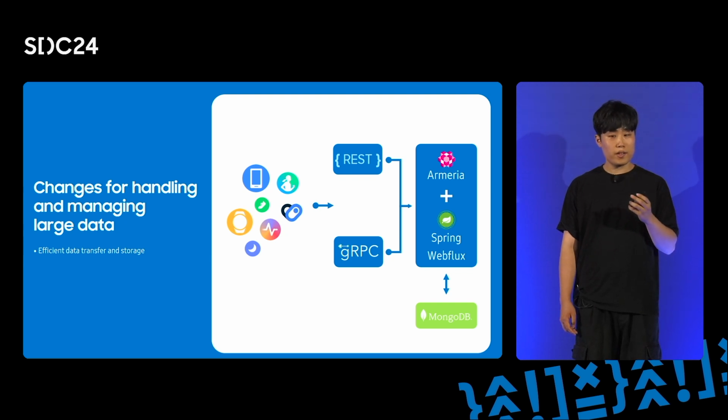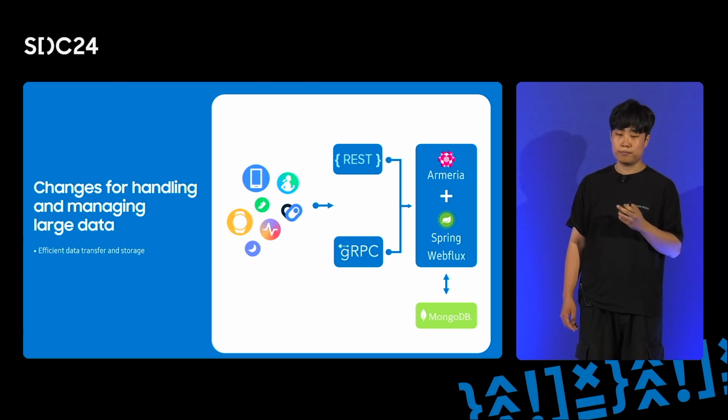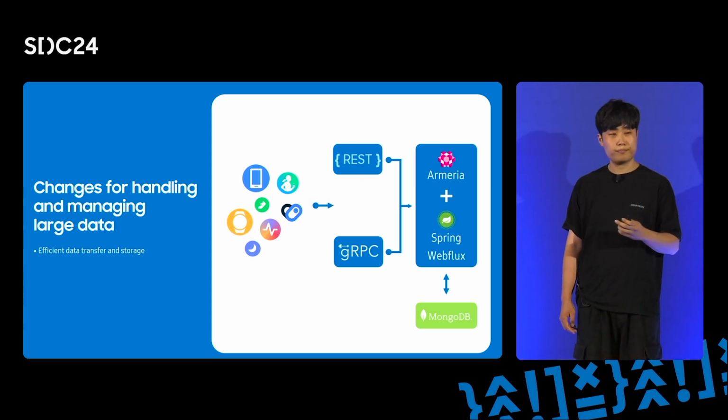Now, the backend system with MongoDB shows excellent performance in processing and analyzing large amounts of data, which makes it easier to develop AI models based on the data. This aligns perfectly with our long-term objective of supporting cutting-edge digital health research.